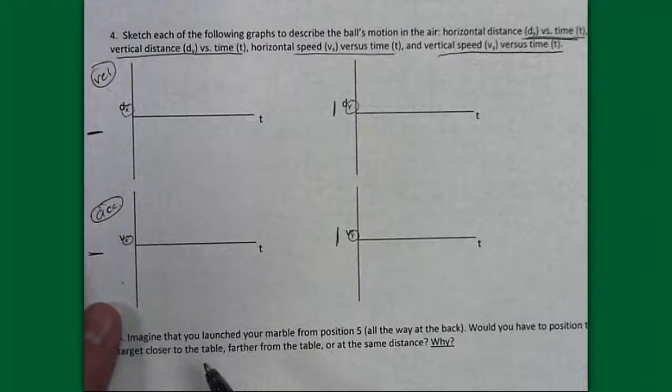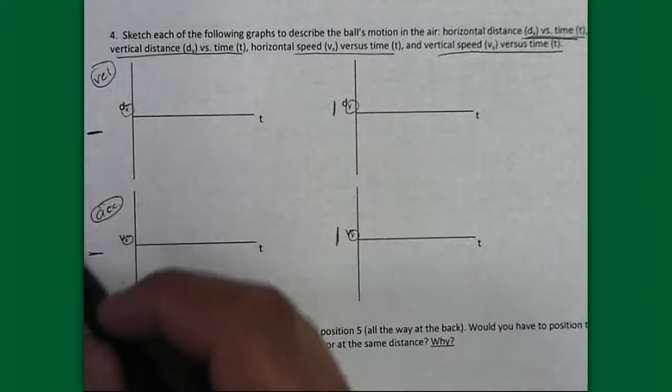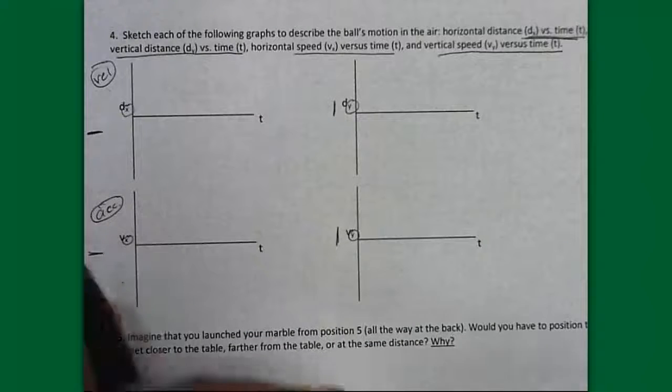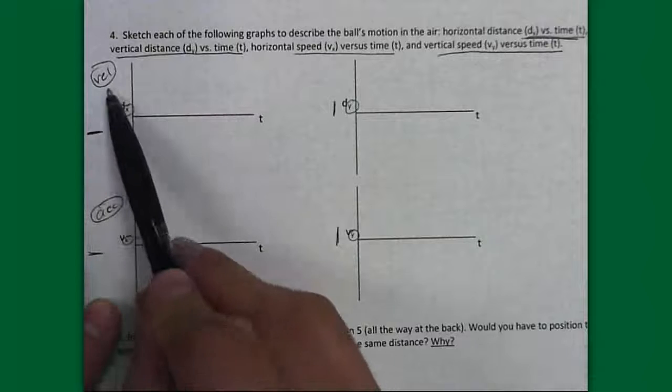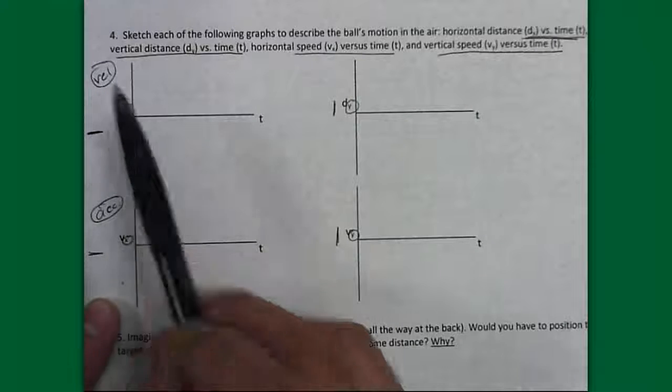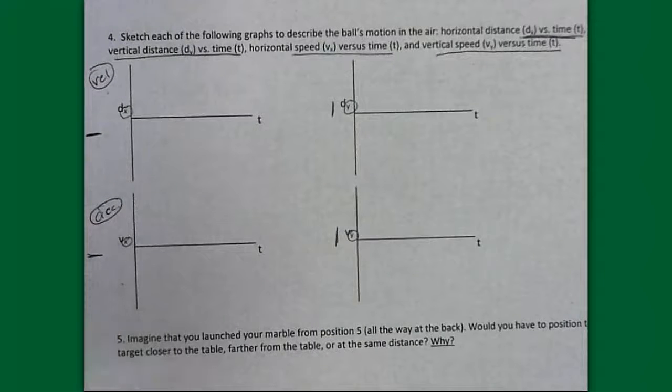Well, the answer is no, because there's no forces going on in the x direction. If there's no acceleration in the x direction, we have constant velocity. And if the velocity is constant, the slope should also be constant, because slope represents velocity. So if we have a constant slope, you should know right by now that it should be a straight line.